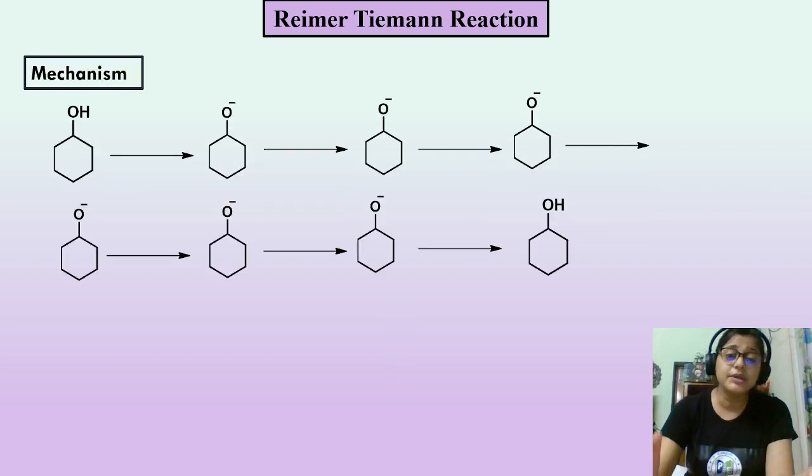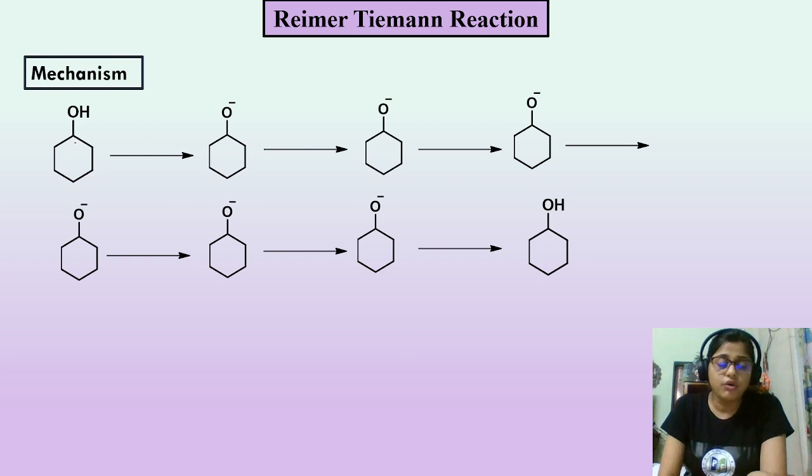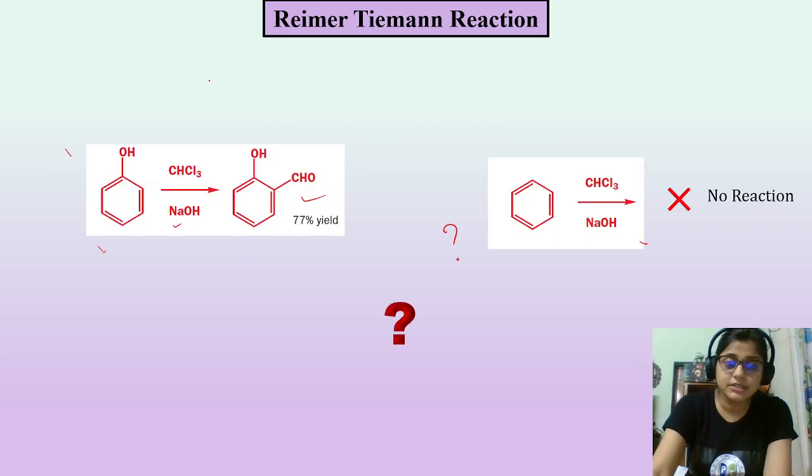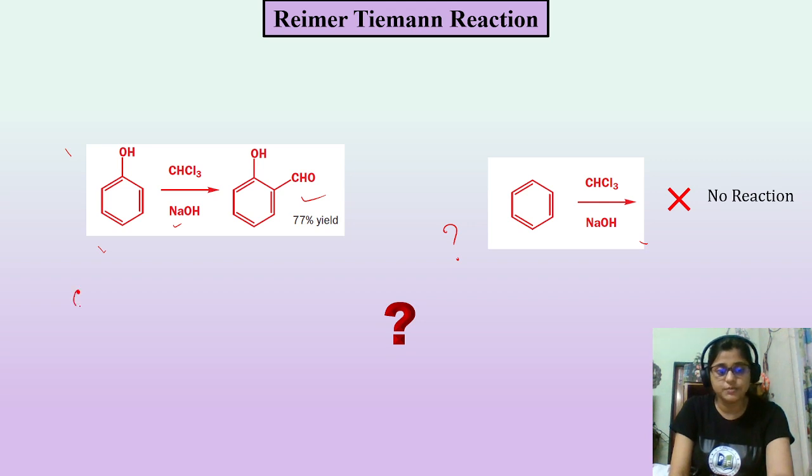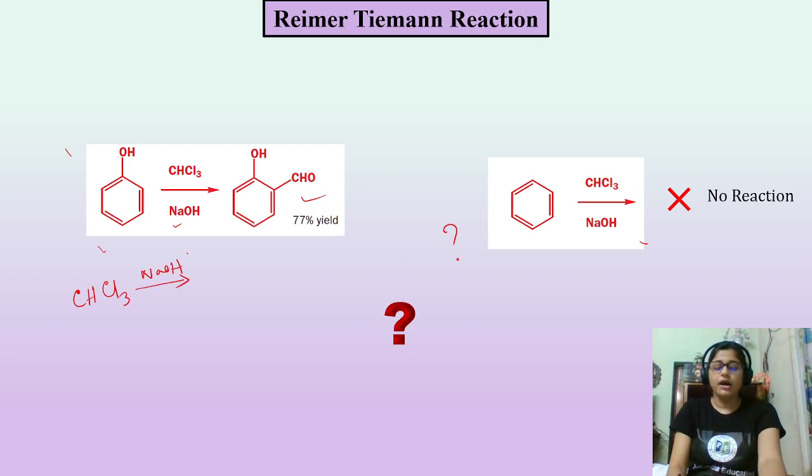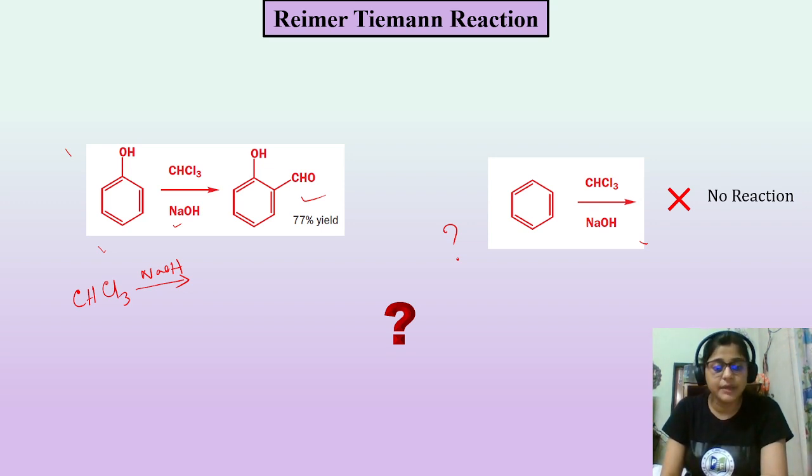Now coming to the mechanism. To know the mechanism, first we should know that when CHCl3 and NaOH are present, we have previously read in the portion on preparation of carbene what will happen.